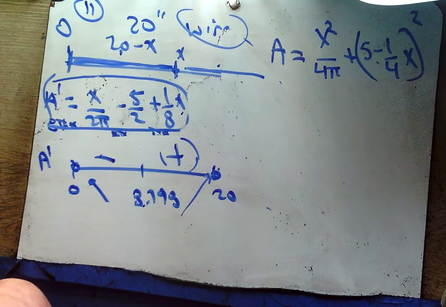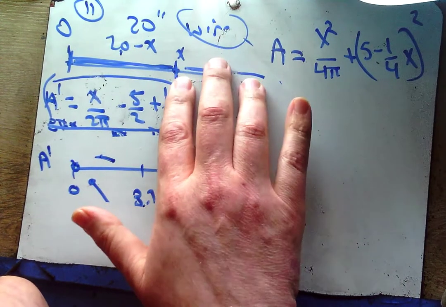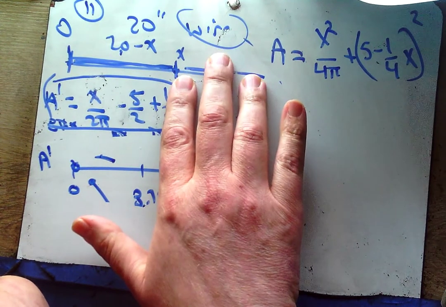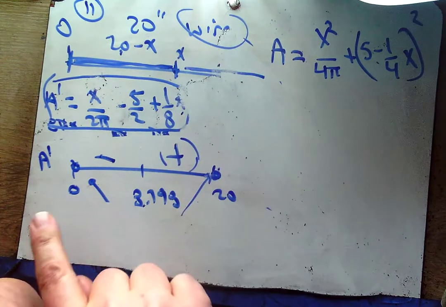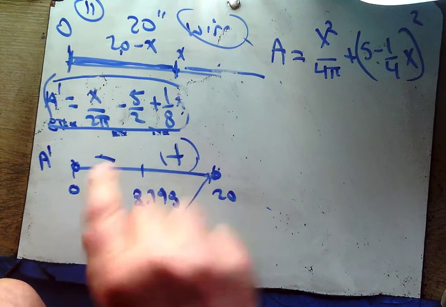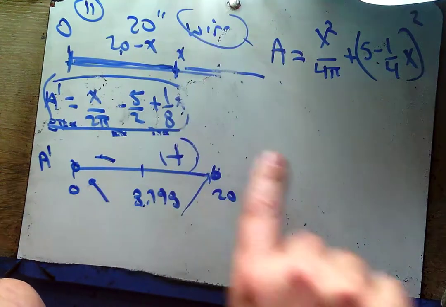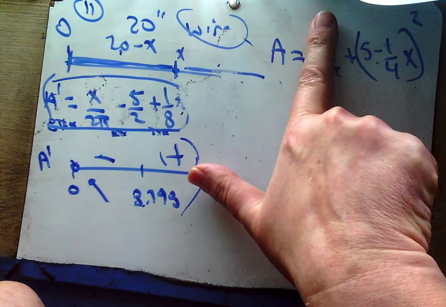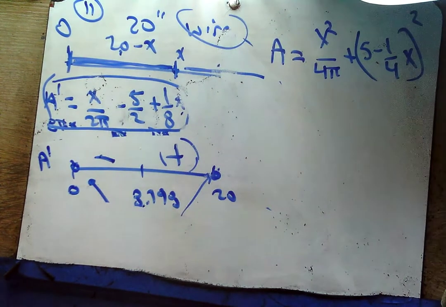Now, if x is the amount of wire used to make the circle, and I plug in x equal to 0, that means I'm using none of the wire to make the circle. And so that becomes 0, and I put a 0 in here, and I get 5 squared, or 25.